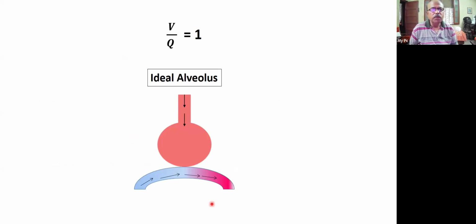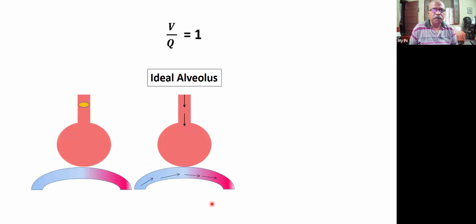Now, if we take this model alveolus again, you see the ventilation is going on and the perfusion is also going on. So that is the ideal alveolus, which is very rarely found, and the VQ ratio here is 1.